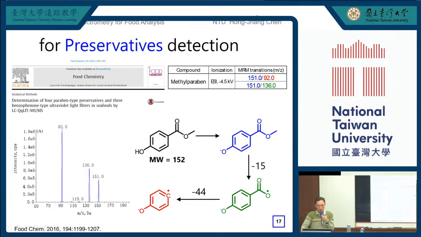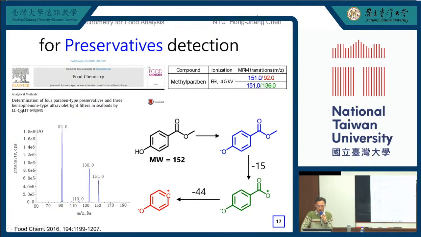So for this experiment, we're using MS technology to detect the compound by using 151 to 136 or 151 to 92. In the MS area, we call these two transition pairs.